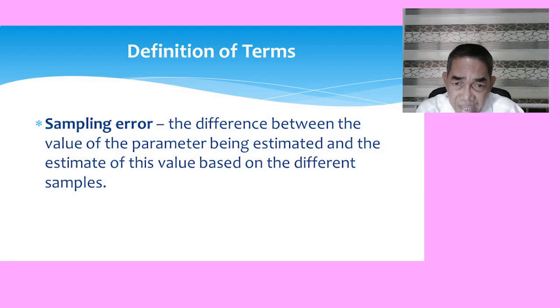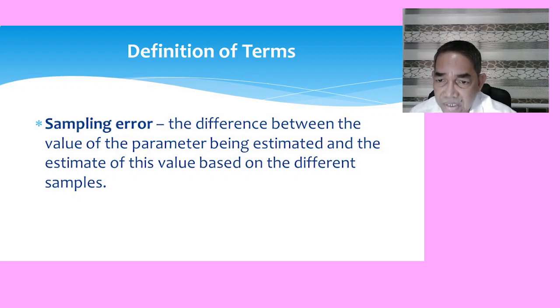The difference between the parameter, which is 10%, the true value from the population, and my estimate based on the sample of only 100, that difference is what we call the sampling error.